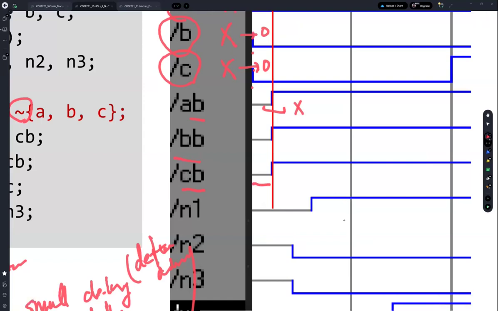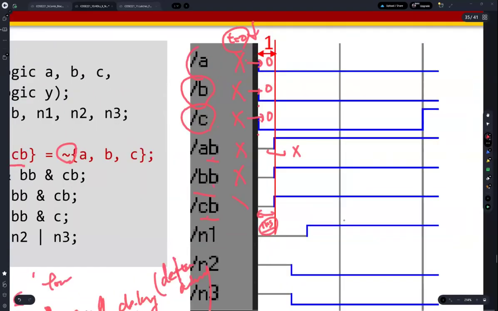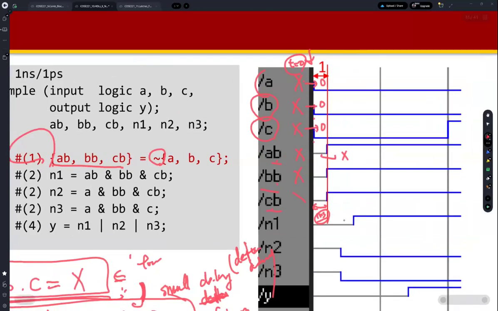But during this 1 nanosecond, the outputs are X, don't care. It is because they were initially don't care, right? The ABC is changed from don't care to 0, but at 1 nanosecond the output will be reflected.